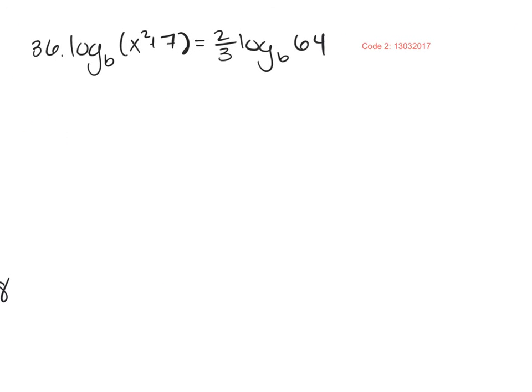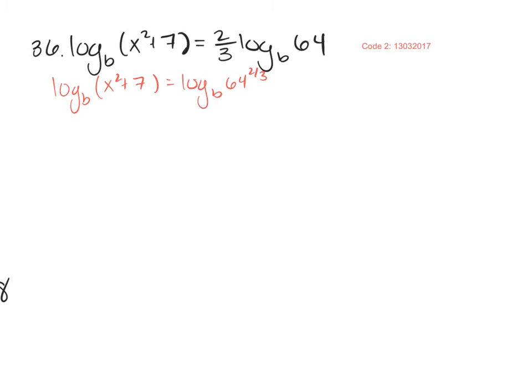Now let's look at ones where we have to solve for x. Okay, so in this one, we've got log base b of x squared plus 7 is equal to 2/3 log base b of 64. Now recall that if we can get two logarithms with the same base and different arguments equal to each other, we can just set the arguments equal to each other. So what I'm first going to do is use the law of logs to bring up that 2/3 to an exponent on the right side.